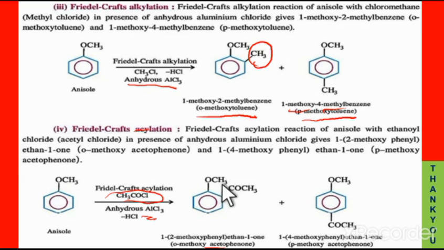This is the IUPAC name. Whereas the paramethoxyacetophenone is also known as 1-(4-methoxyphenyl)ethan-1-one. This is the IUPAC name of these compounds. These are the chemical properties of the ethers.